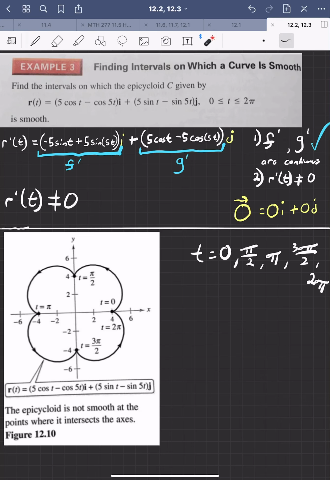If you were to pick any of these angles and plug them in for your derivative, you would end up with 0i plus 0j.